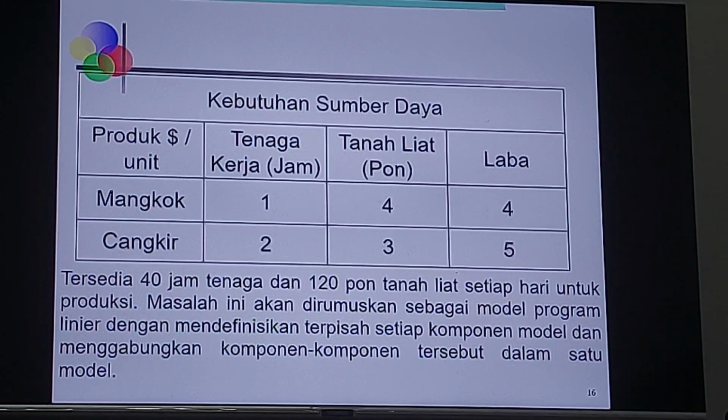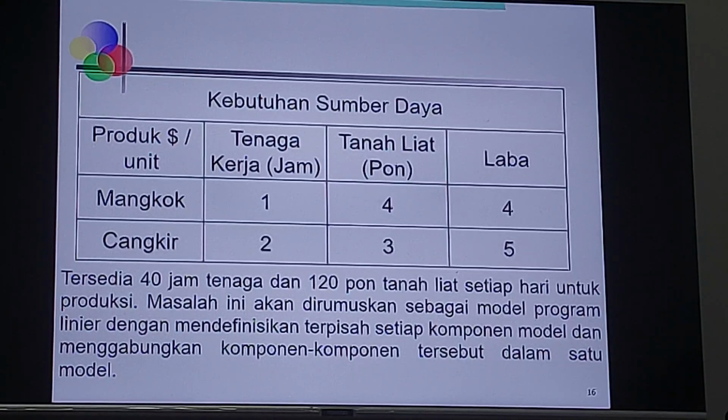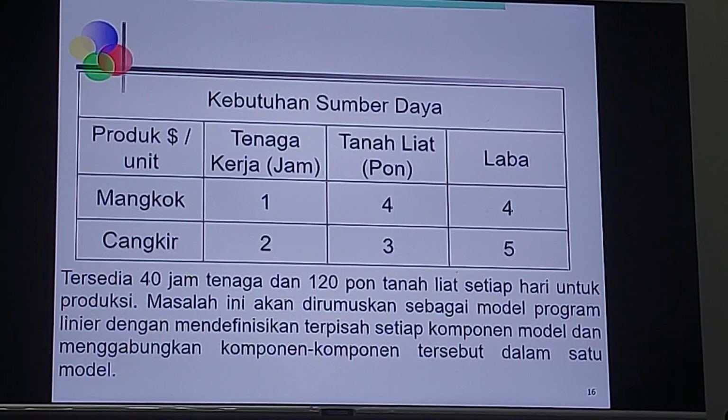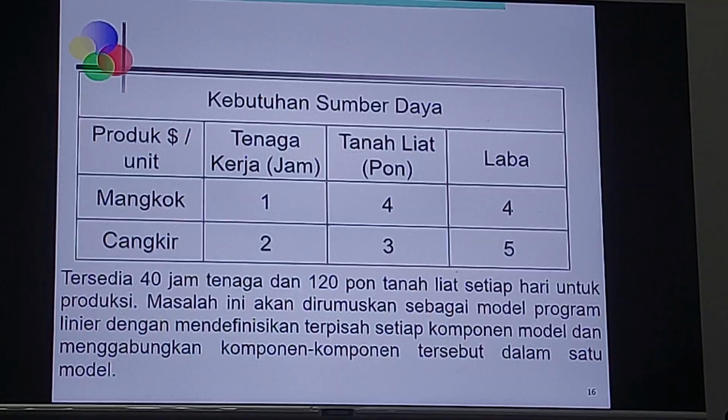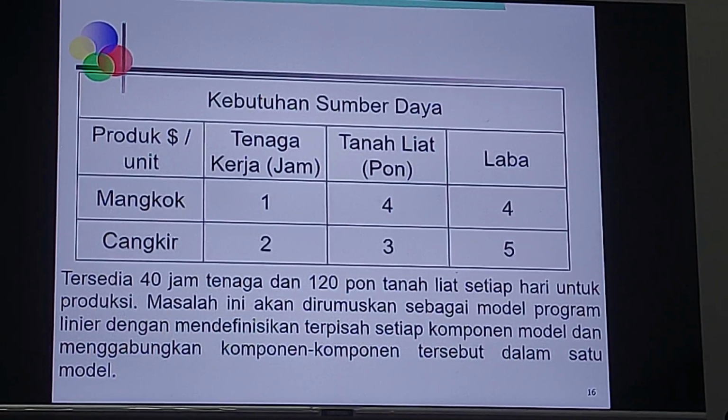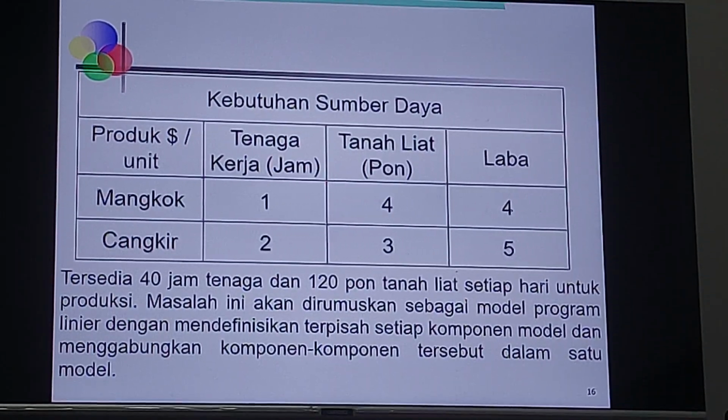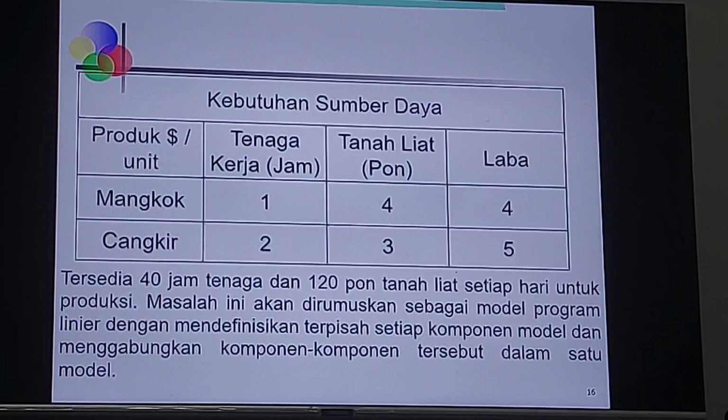A bowl will need 1 hour to make with 1 pound of clay, and it will result in $4 profit. For a cup, it is 2 hours, more time but less raw material, only 3 pounds of clay, and the profit is more, $3.